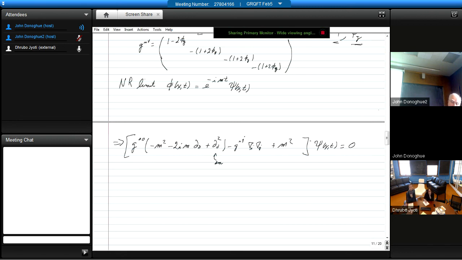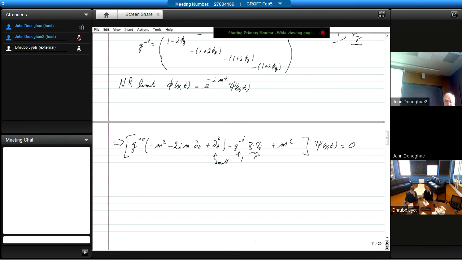So m times d0 is bigger than two time derivatives. And p squared is small, and the field is small, so I'm just going to take this to be 1. But I'm not going to do it up over here because G00 is multiplied by m squared, so I can't take G00 to be 1.